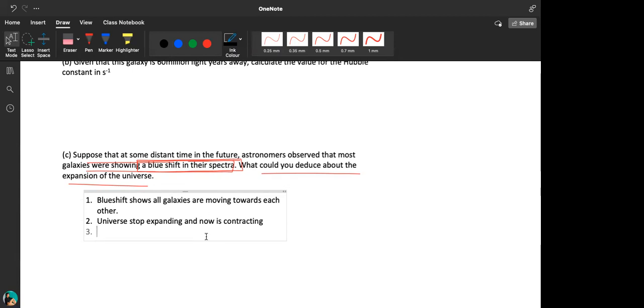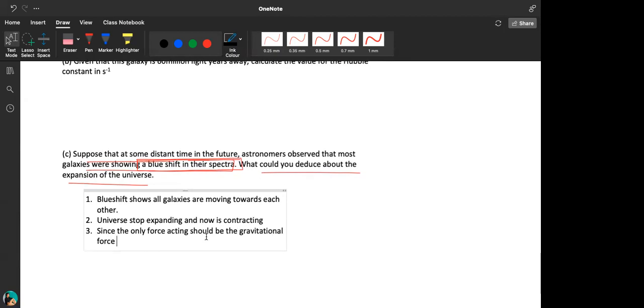So eventually the speed will slow down, and then reverse. Okay, so we write here, since the only force acting should be the gravitational force, or the pull of other galaxies.